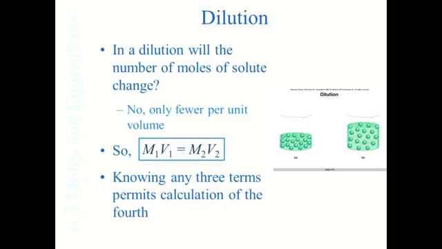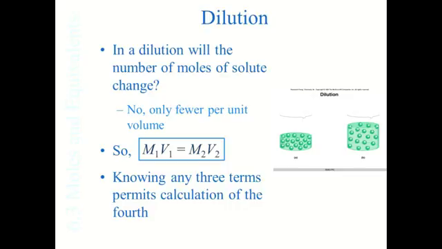Ready? So let's move on to dilution. Okay, what is dilution to you? Dilution is when you have a more concentrated solution and you add more solvent. When they say orange juice is made from concentrate, that is dilution.